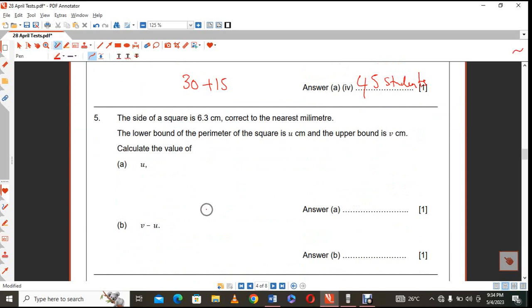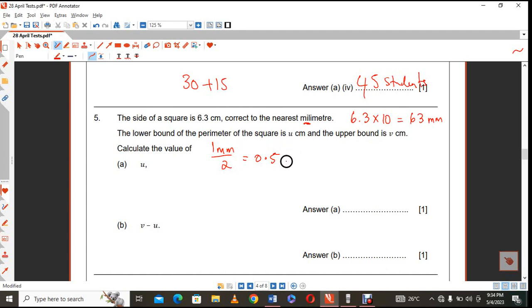Question 5, something about limits of accuracy. So you have got the side of a square. The square is 6.3 centimeters and it's correct to the nearest millimeter. So maybe you should know that 6.3 centimeters, if you multiply it by 10, gives you 63 millimeters. Okay, and when you're told to the nearest millimeter, so 1 millimeter, if you divide it by 2, that will be 0.5.